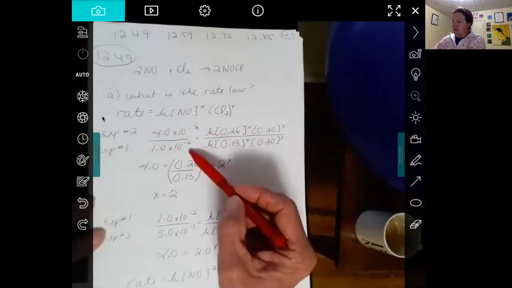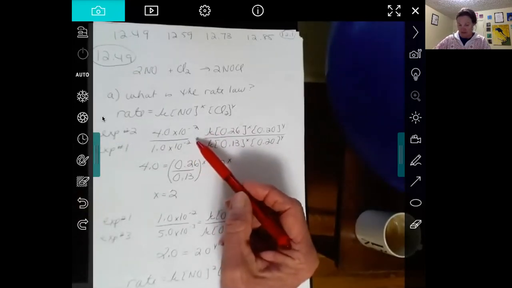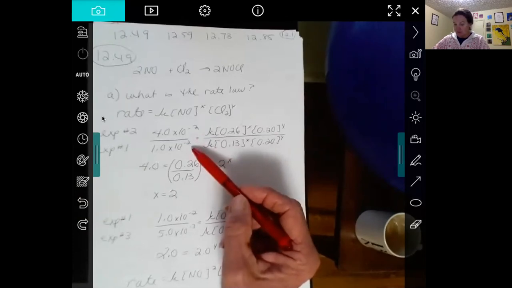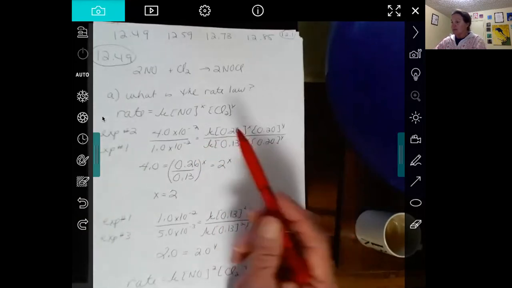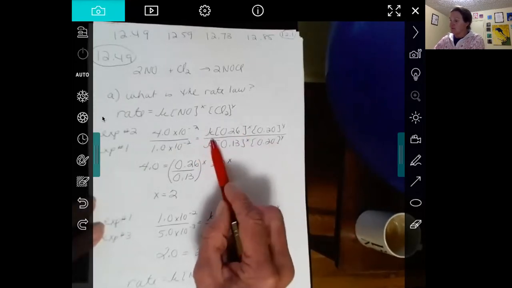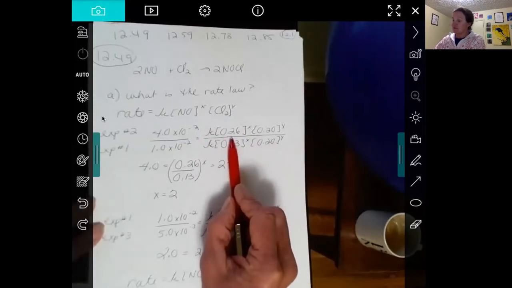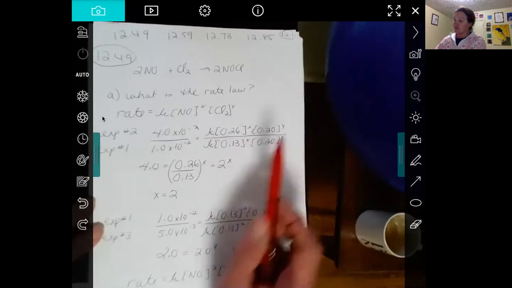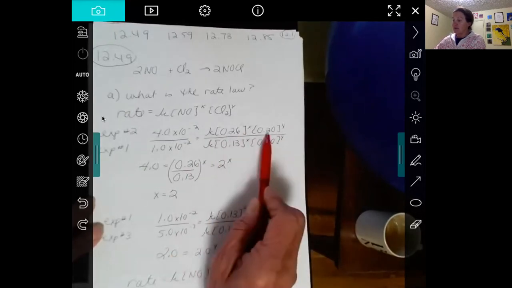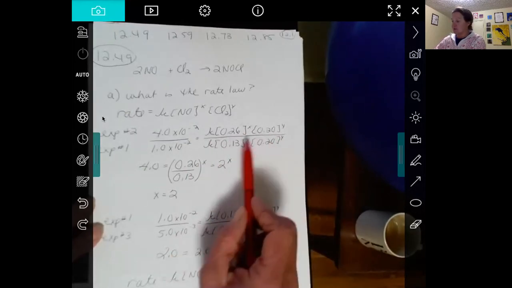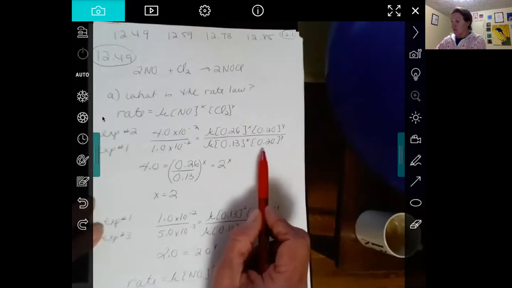If I take a ratio of the rates, experiment 2's rate is 4 times 10 to the minus 2, and the rate of 1 is 1 times 10 to the minus 2. Each of those has to be equal to K times the concentration of each species raised to its coefficient. So I put in the conditions that experiment 2 and experiment 1 were run at.